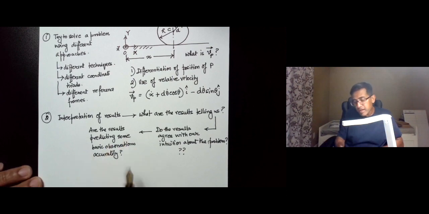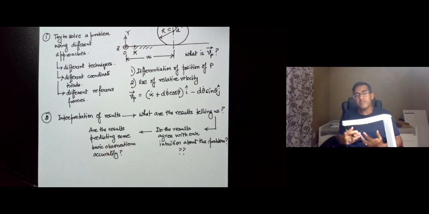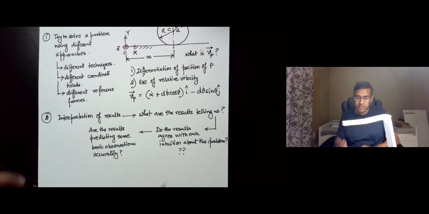And so that's where another interpretation of results comes into play. Are our results correct? Are they making some correct predictions, even for very simple observations?